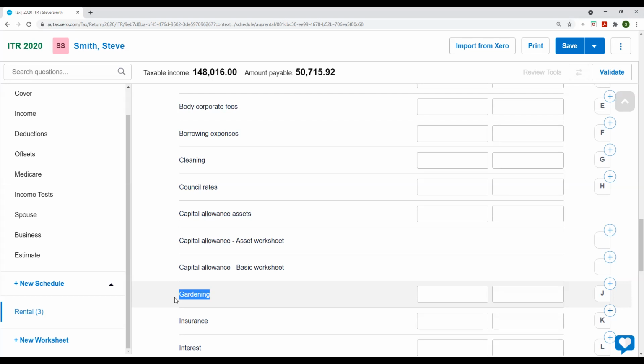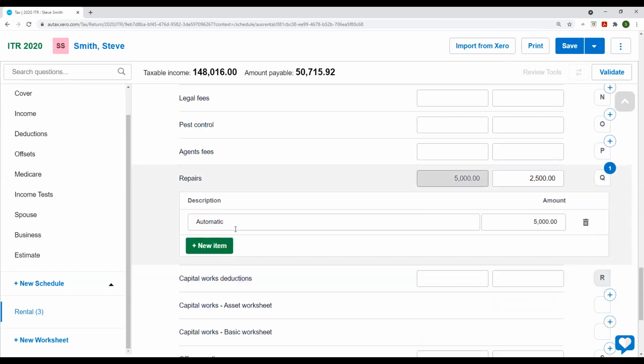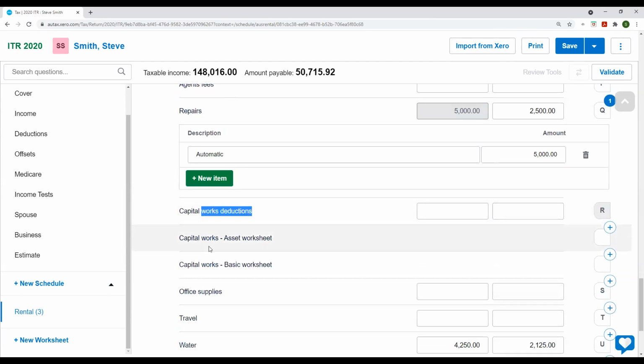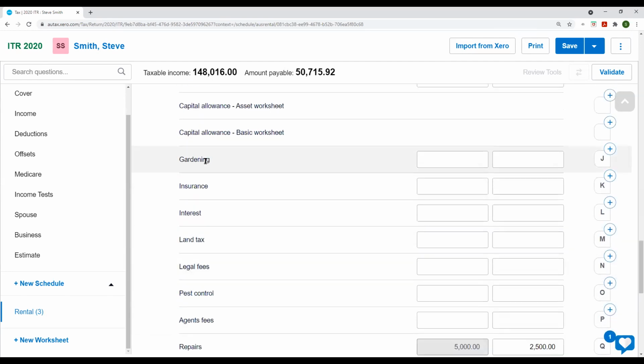So you should have evidence for the materials and equipment you purchase. However, your labor component, or what you just estimate, is not deductible. Council rates are normally deductible. For the other two components, the capital allowance and capital works, there are two worksheets that will come up in the total here. I will explain what those capital assets are in a minute.